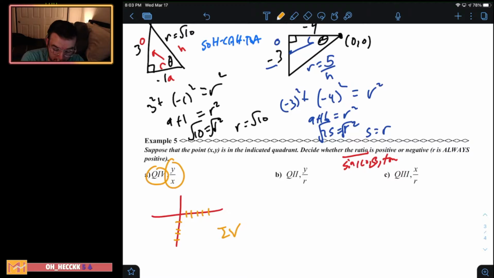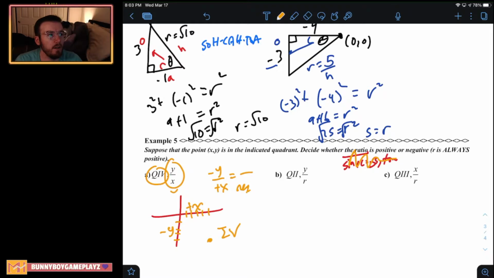I guess we're finding that ratio. Maybe I misspoke. The question's not that bad. Is this ratio going to be positive or negative? Here's x and here's y. It's going to be a negative y over a positive x, and the result will be negative.